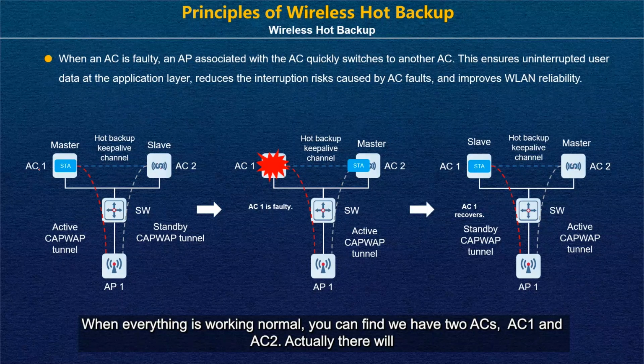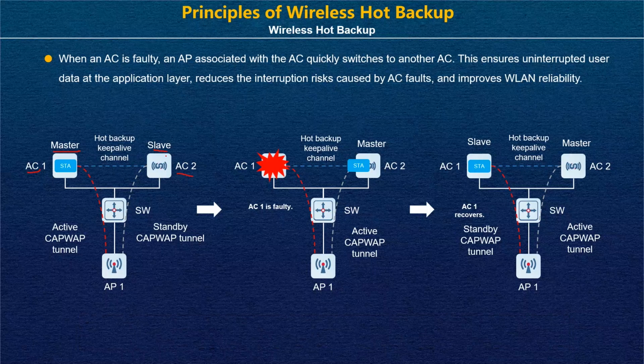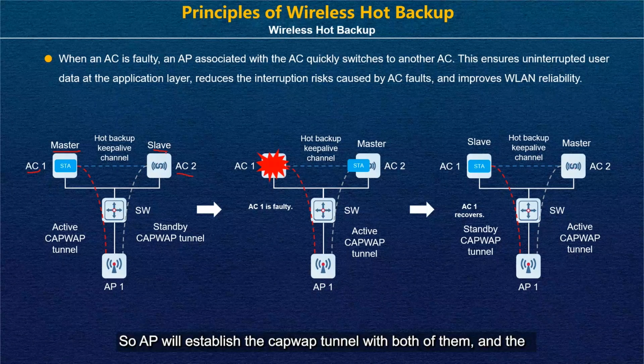When everything is working normally, you can see we have two ACs, AC1 and AC2. Actually, there would be an election between them. AC1 will be the master, we assume, and AC2 will be the slave. So the AP will establish a backup terminal with both of them.